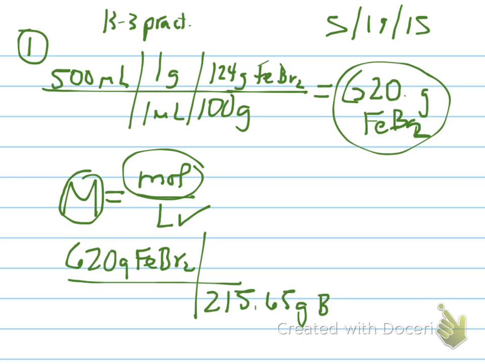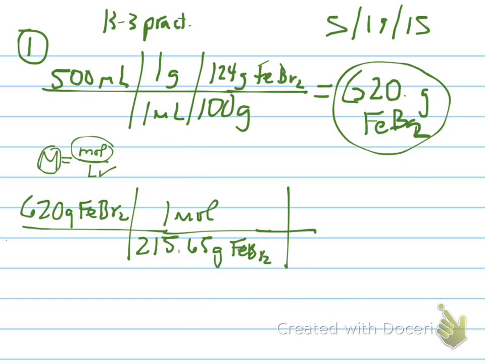215.65 grams of iron 2 bromide comprise 1 mole of the same. That gets us 2.87502, etc., etc. I apologize, my writing is terrible with this particular stylus.